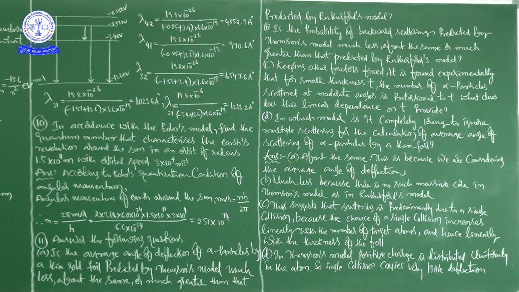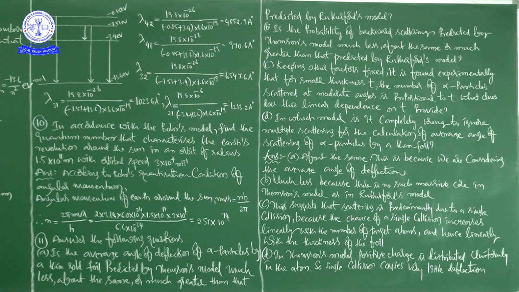So the relation is linear, but he is telling how it is linear. So this suggests that the scattering is predominantly due to a single collision, because the chance of a single collision increases linearly with the number of target atoms and hence linearly with the thickness of the foil.